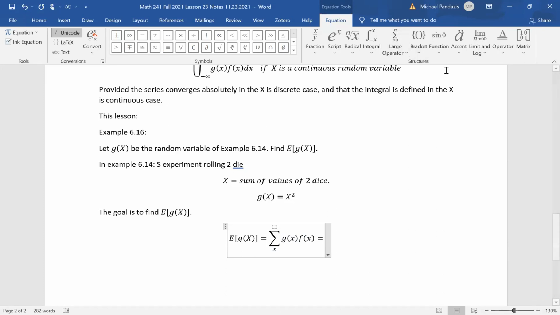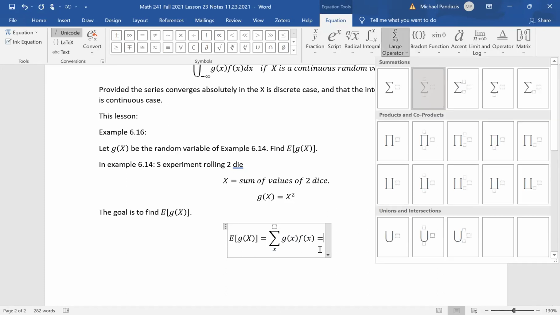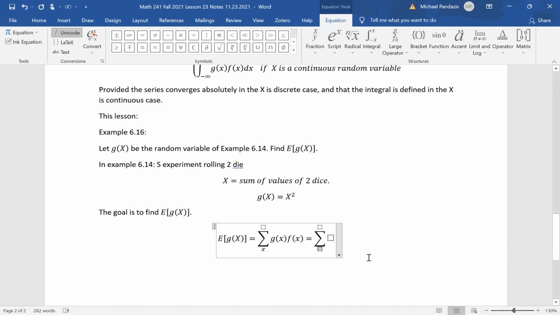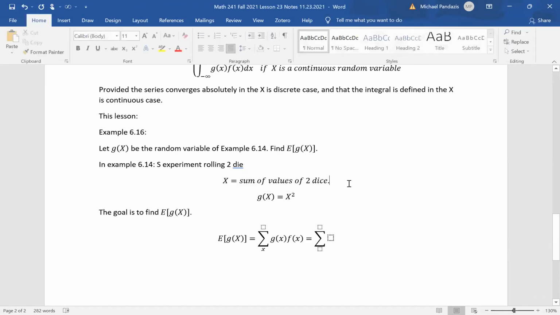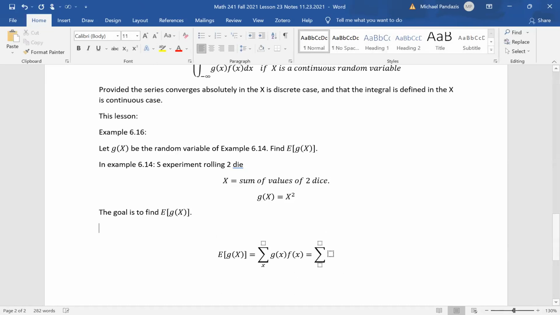And so that's equal to the sum. Well, x is the sum of the values of the 2 dice, right? And so the possible values of x are, if we add 2 dice, the smallest sum it can be is 2, 1 plus 1 is 2, and the largest sum is 12, because you have 6 plus 6, which is 12.